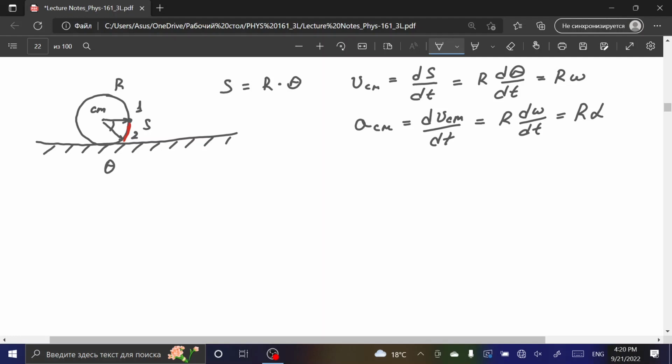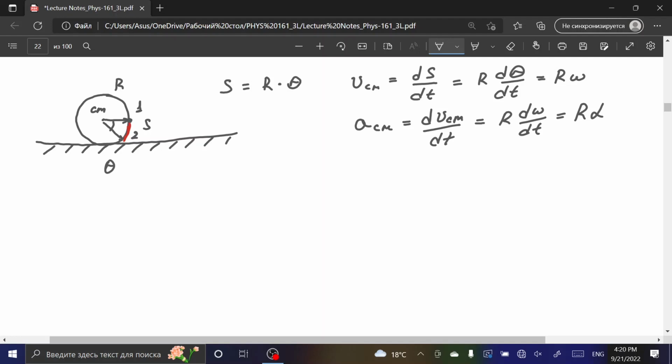So now when we define how we can get the relationship between velocity and acceleration of the center of mass with such parameters as angular velocity and acceleration, we can proceed to consider 3 different types of motions.